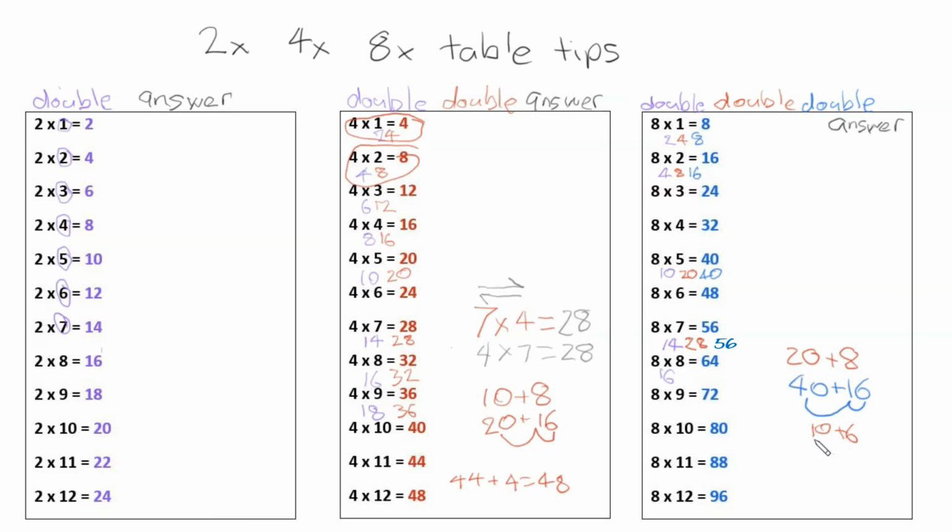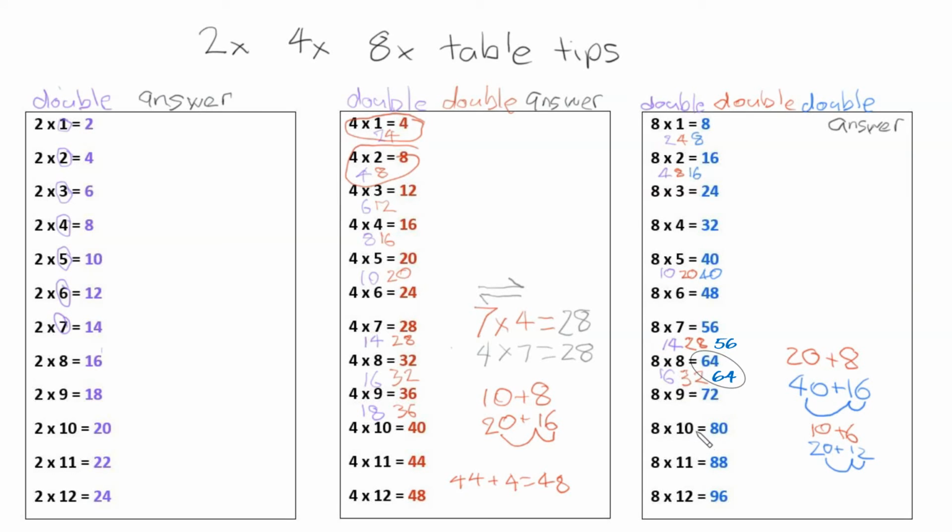And then we have double 10 is 20. Double 6 is 12. Skip count, 20, 32. Double 16 is 32. And double 32 isn't so hard because double 30 is 60 and double 2 is 4. You put it together and it equals 64.